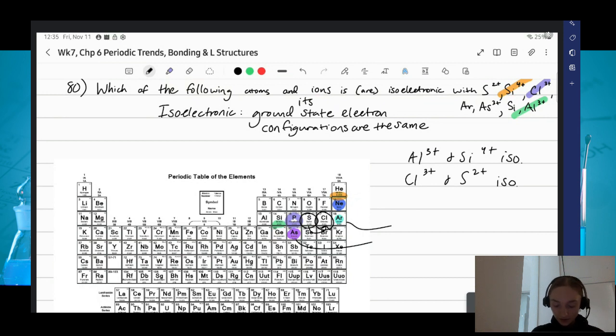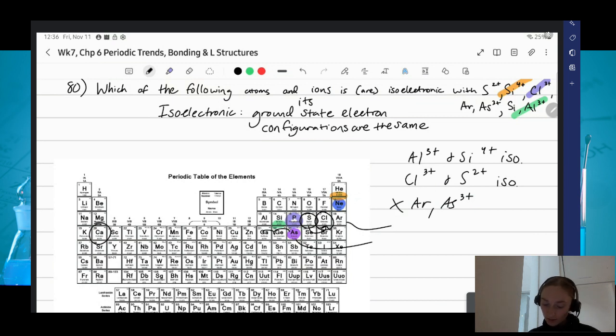When you go back 3 places, 1, 2, 3, it ends up at calcium. Nothing is shared with calcium. And argon is not an ion here. It's a noble gas, so it doesn't have any charge. It's just alone in this place, so nothing is shared there. So the argon is not isoelectronic, and the arsenic 3 plus is not.